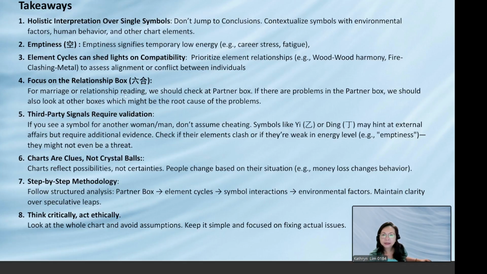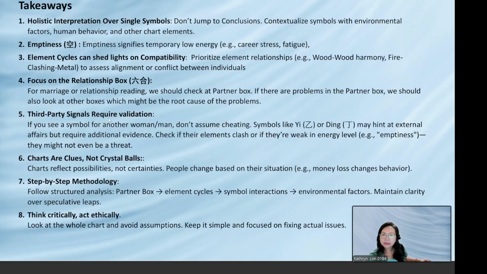So understanding where the asker and the corresponding symbol person are located is very important.